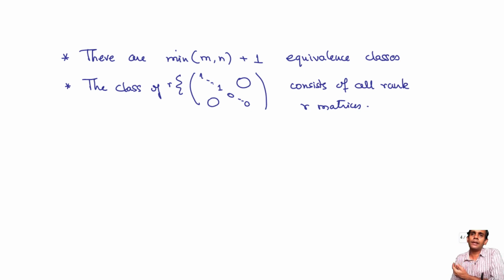Because if you left multiply or right multiply a matrix by a non-singular matrix, then you will not be changing the dimension of its column space, and so you'll get a matrix of the same rank. So if your original matrix had some rank, but then you reduce it to this canonical form with rank r, then the original matrix must have had the same rank r.